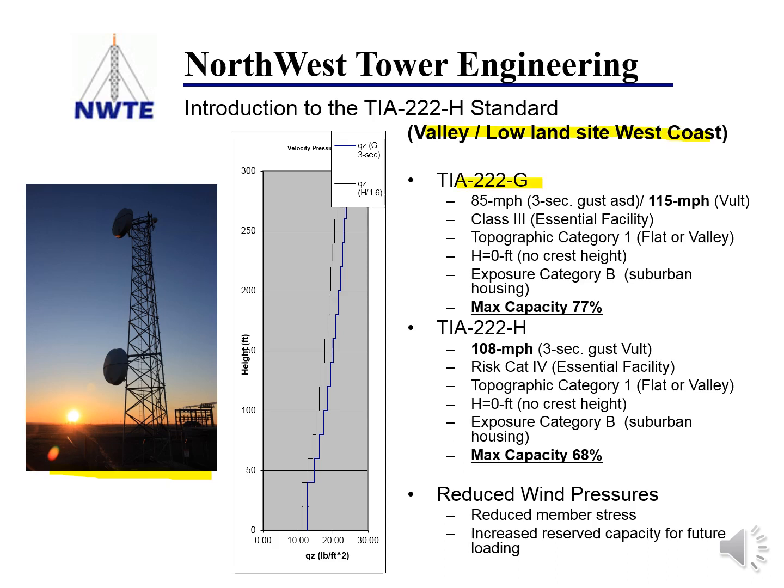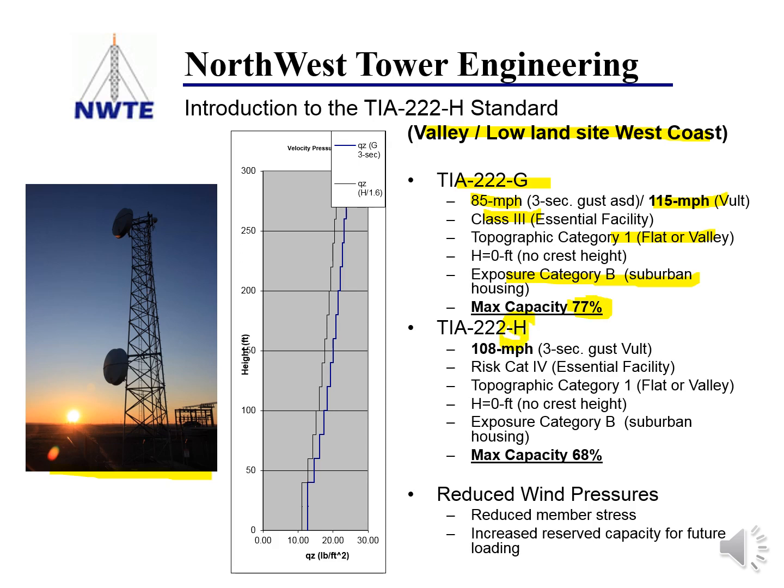So G standard, 85 miles an hour, 115. It's class 3. It's on the flat. Exposure B. So under the G standard, this particular tower was working just fine. It was at 77%. But when I review it to the H standard, and this is surprising, for once we're actually seeing better results.